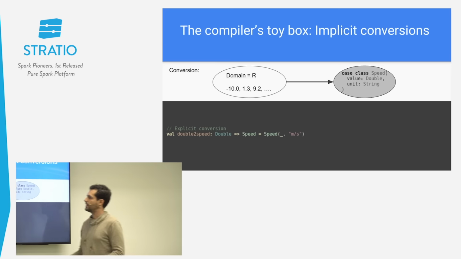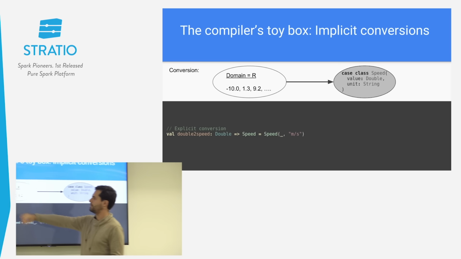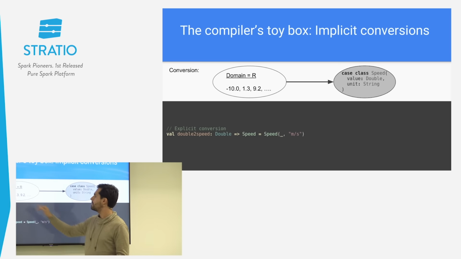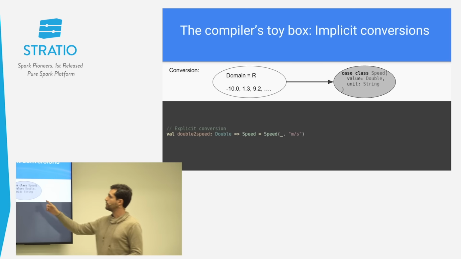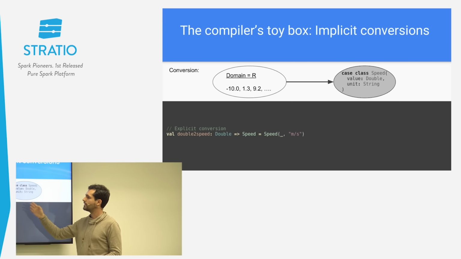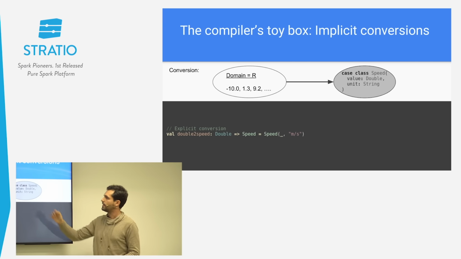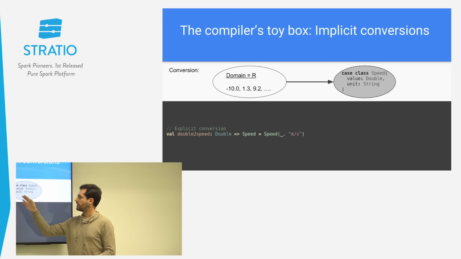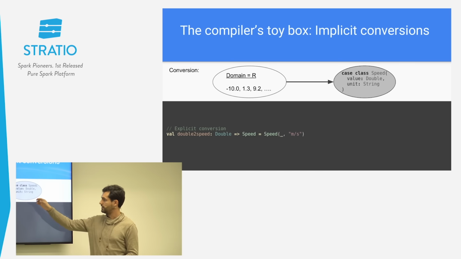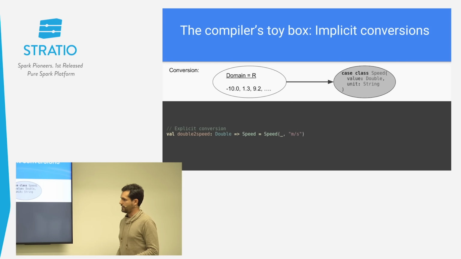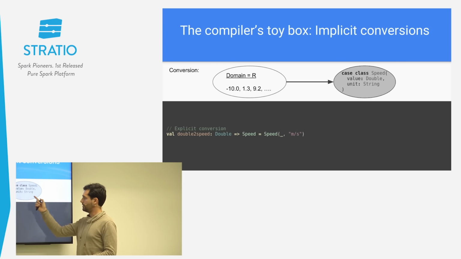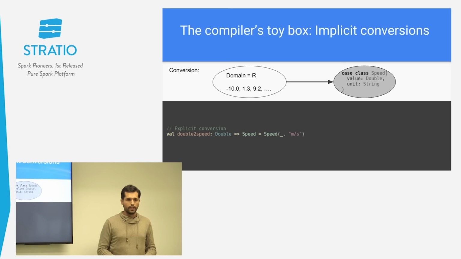Okay? Yes, in this case, we have the domain, which is double, and we have numbers, and we have a function going from double to this instance of this type, speed. It has two attributes, value, which is double, and unit, string. For example, you want to represent speed, and then you will put in unit meters per second.